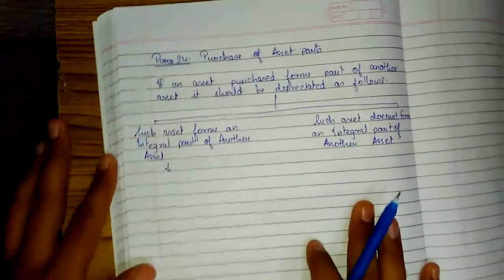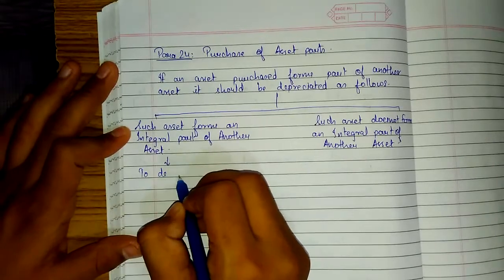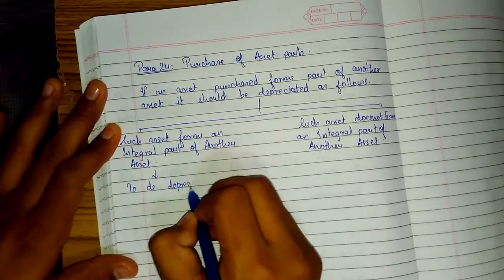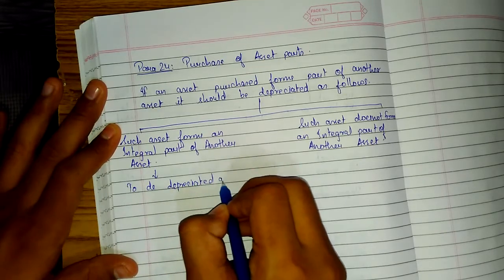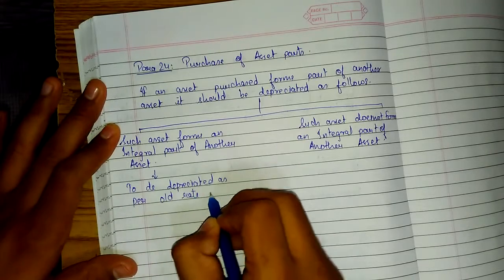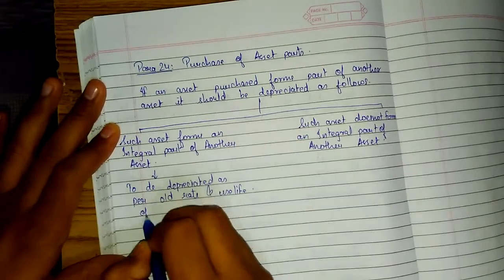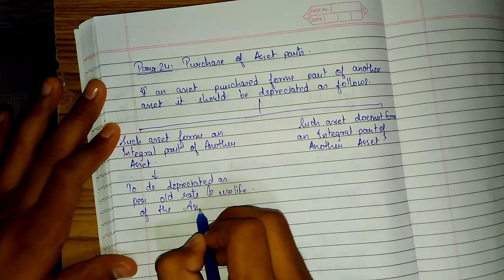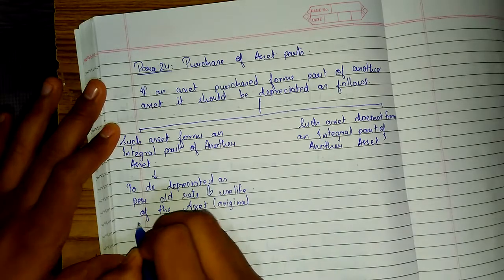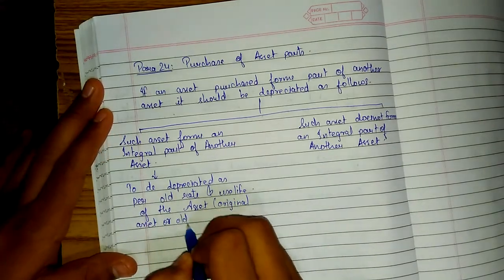So see, then how to depreciate? It is to be depreciated as per the old rate and useful life of the original asset, or we can call it the old asset.